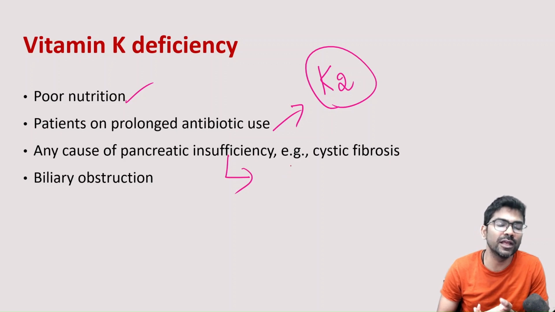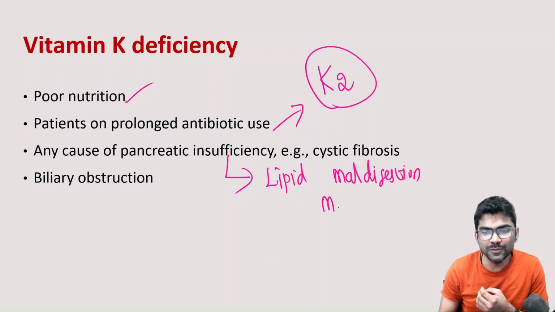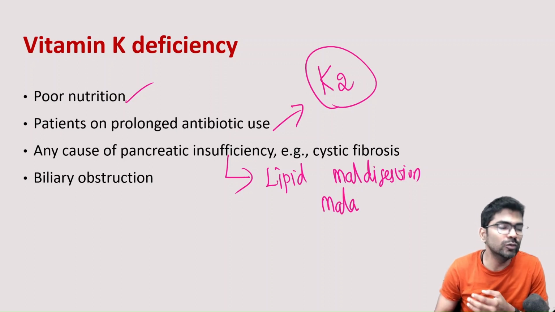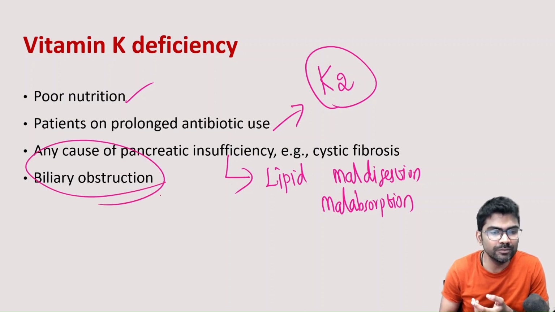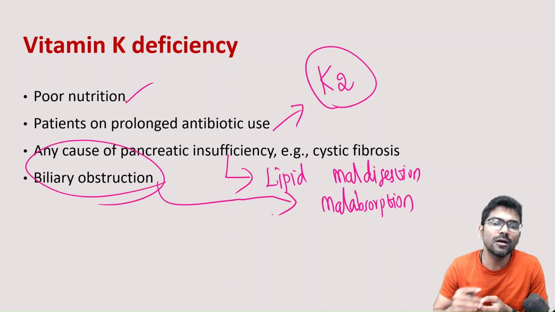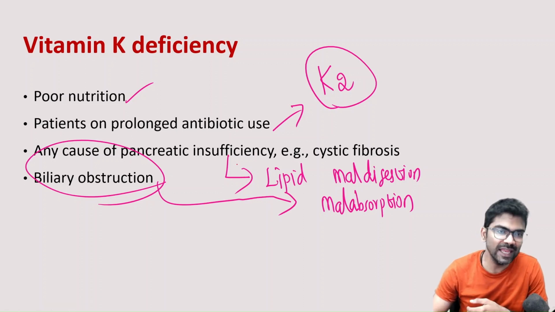There will be steatorrhea, that means lipid or fat maldigestion and malabsorption, right? So, fat malabsorption will lead to fat soluble vitamin deficiency, right? Biliary obstruction, again, biliary obstruction will lead to malabsorption of lipid, so that will lead to vitamin K deficiency. Clear?